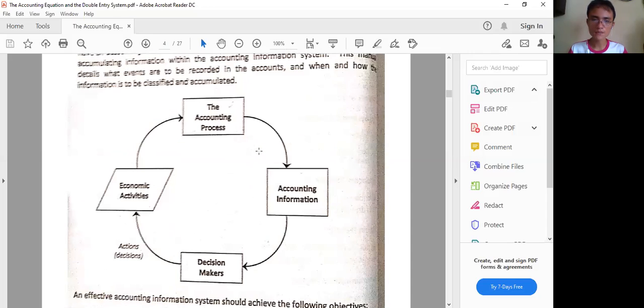So we can see here the flow. We have the accounting process here on top. First we have the economic activities. These different economic activities would normally result in certain transactions or events that could be accountable.